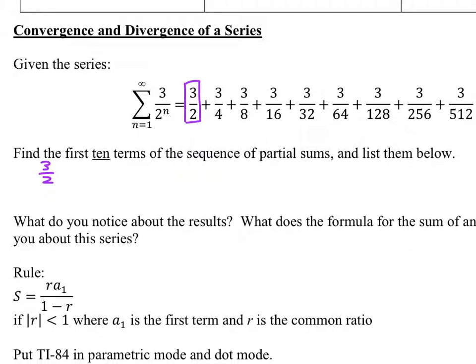So the second partial sum is going to be the first 2 values added together. Then the first 3 values added together. And the first 4.